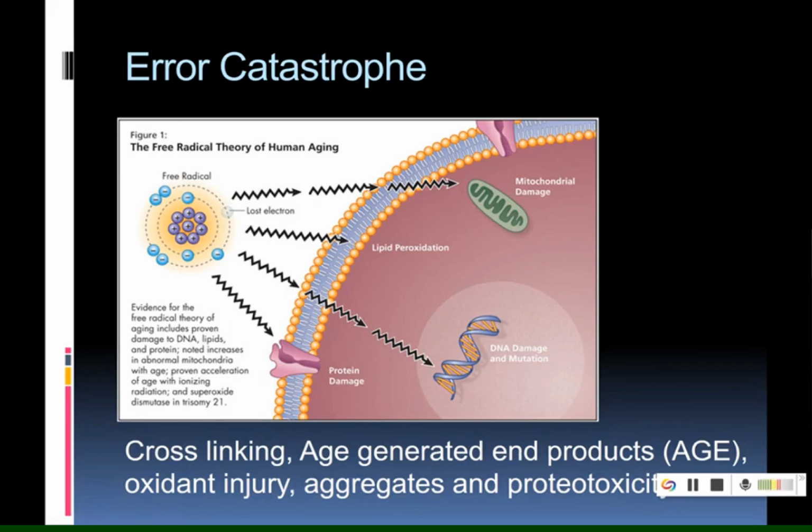These are covalent cross-linkages between glucose and peptides, and so you get cross-linking events that cause protein aggregates, and in some cases people believe that it causes what we call proteotoxicity. So these aggregates of protein actually become toxic to the cells.